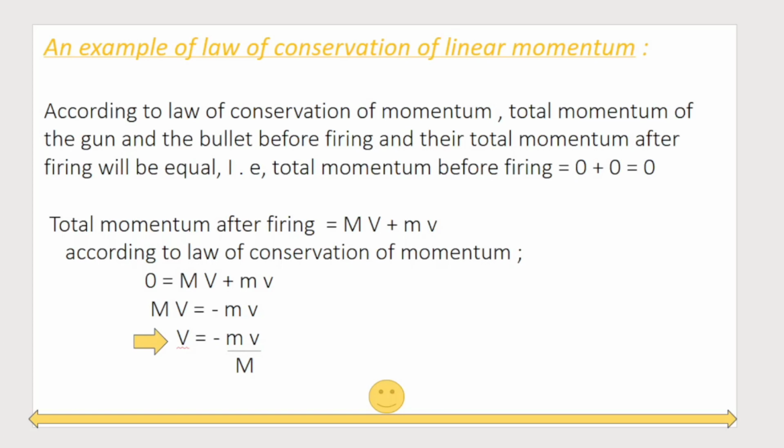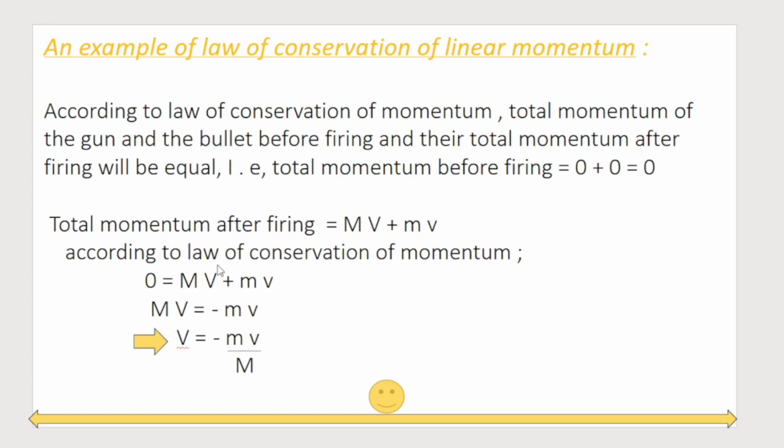According to the law of conservation of momentum, the total momentum of the gun and the bullet before firing and the total momentum after firing will be equal. That is, total momentum before firing is equal to 0 plus 0, which is 0. Total momentum after firing is equal to MV plus mv. Here capital MV is referring to the gun. The small mv is referring to the bullet.